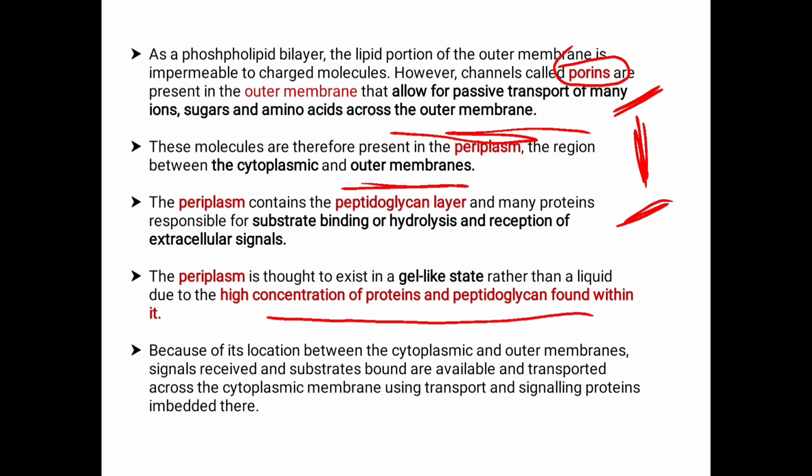Because of its location between the cytoplasmic and the outer membrane, signals received and substrate bound are available and transported across the cytoplasmic membrane using transport and signaling proteins embedded there.